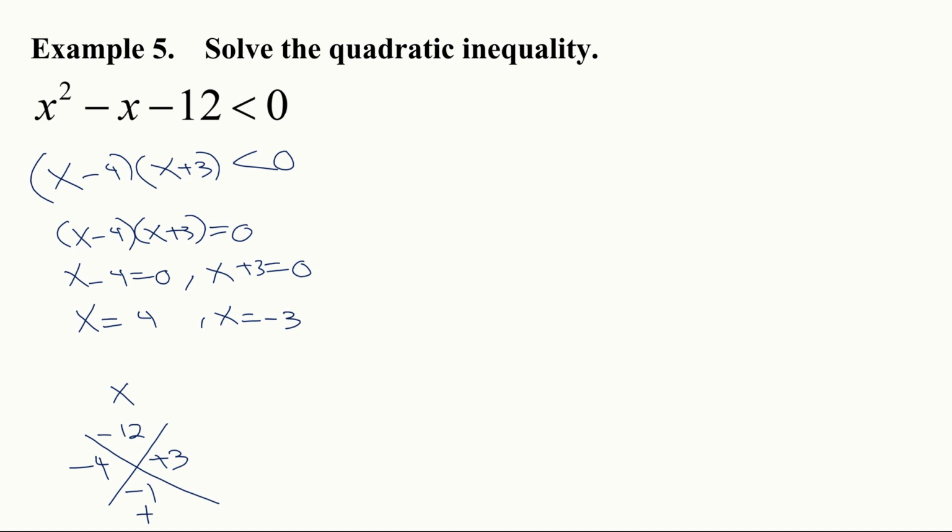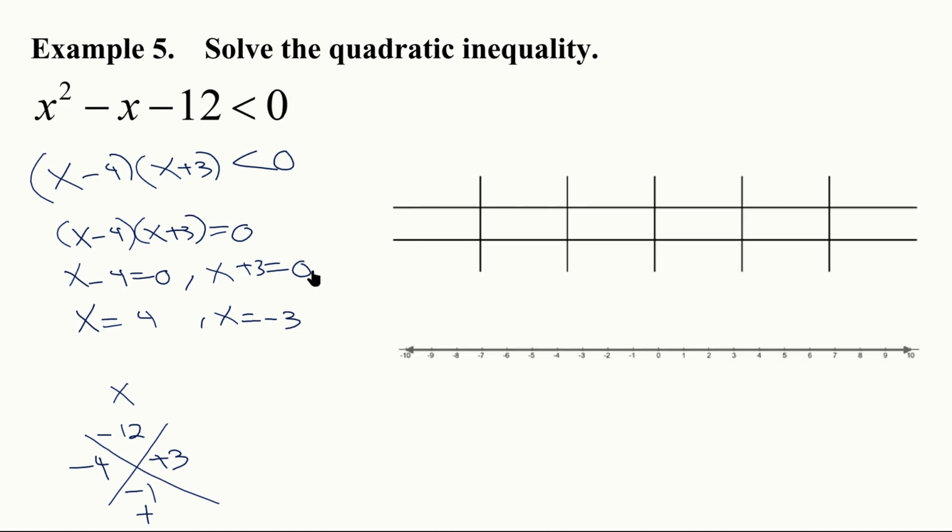Now we're going to make a table to help us find the solution set. Here we have a number line and a table. We're going to use the number line to put our points of interest on it: negative 3 and 4.